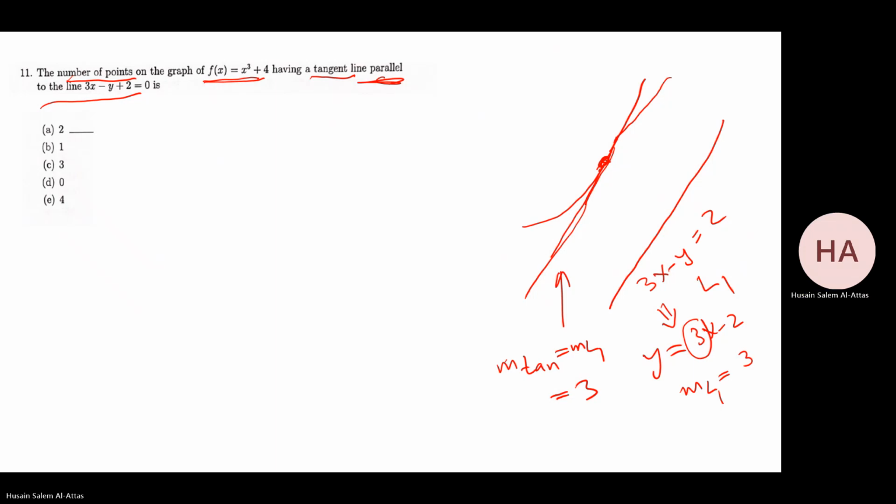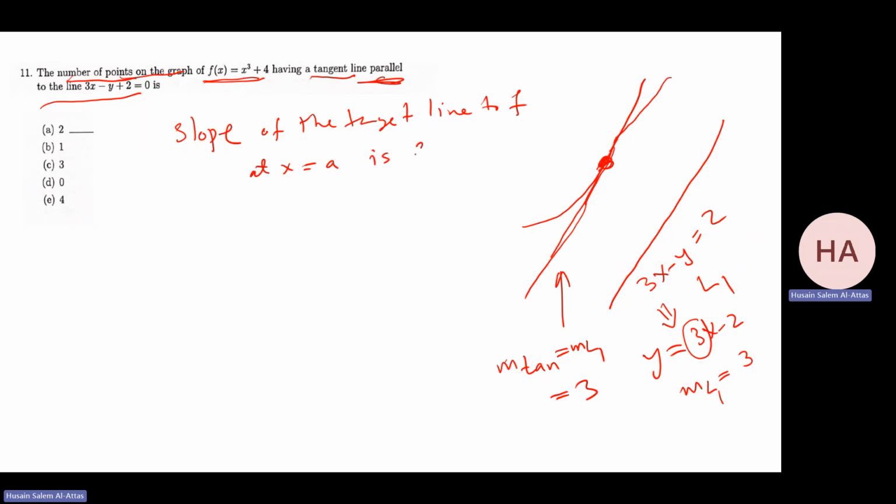Okay. Now I want to relate it to the function. We know that the slope, to find this point of tangency, it is asking about the point of tangency. So the slope of the tangent line to f at x equals a, this point, is f prime at a.